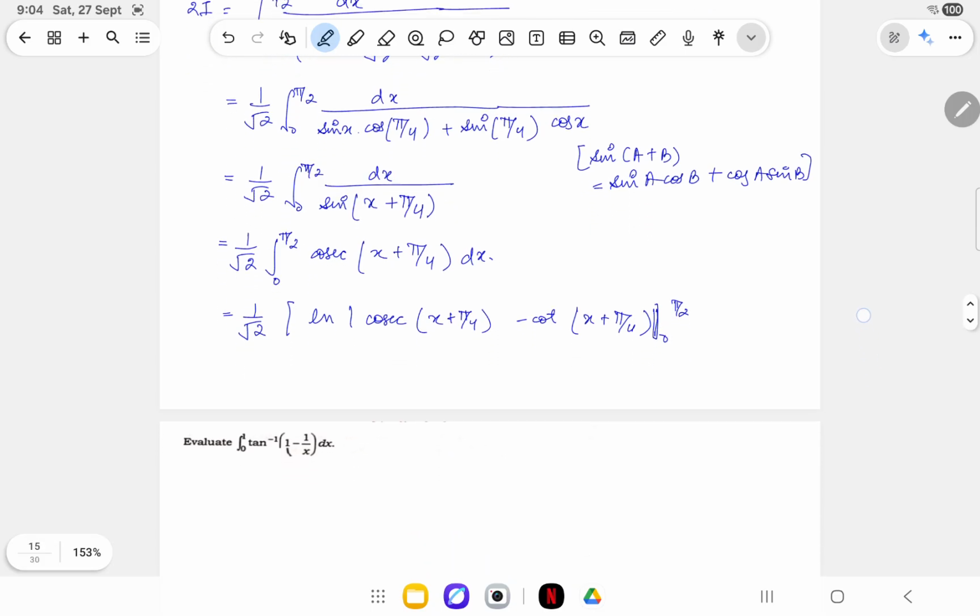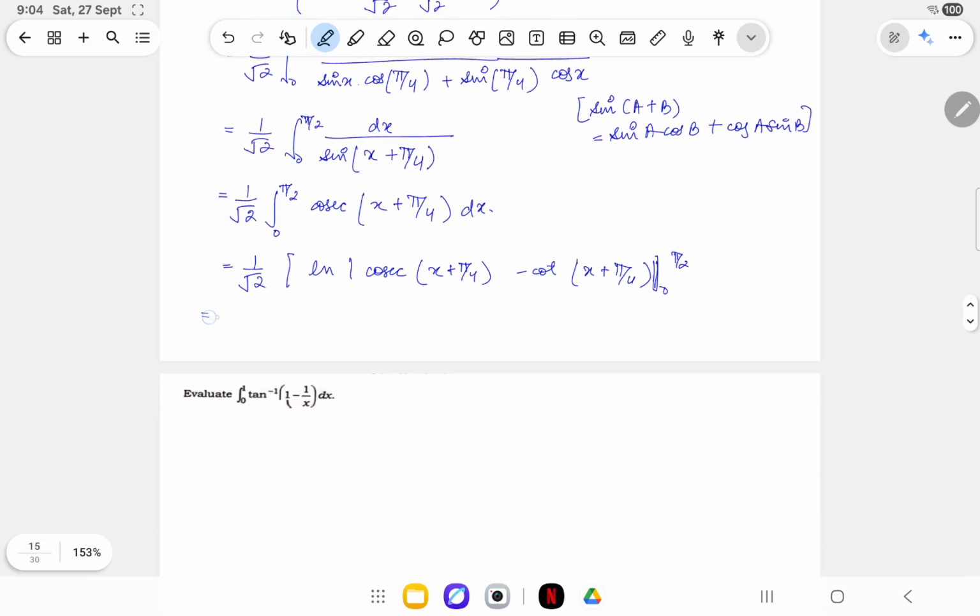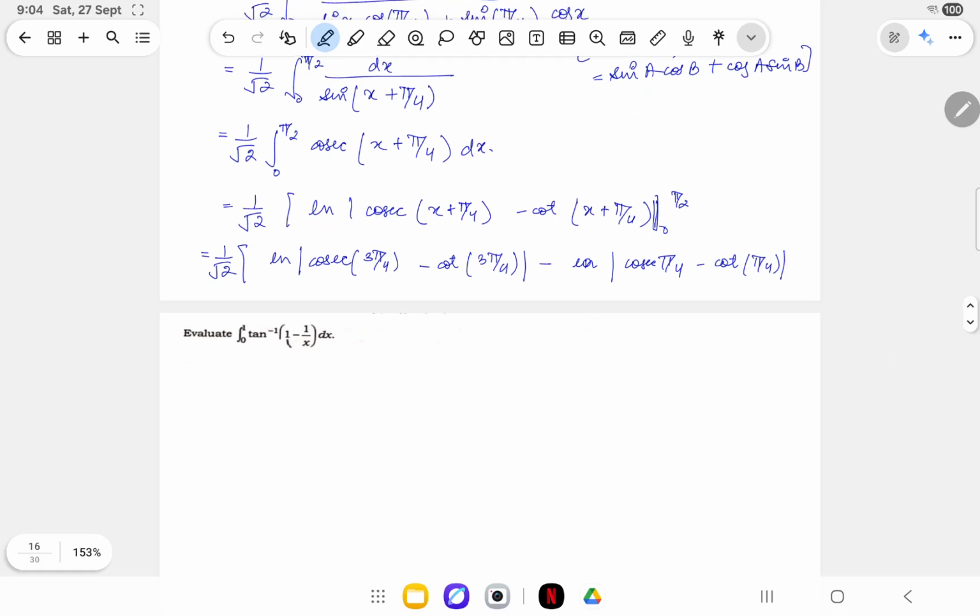Now let's plug in the limits and see what we get. It will be equal to 1/√2 times [ln|cosec(π/2 + π/4) − cot(3π/4)| − ln|cosec(π/4) − cot(π/4)|]. Now let's simplify it further.